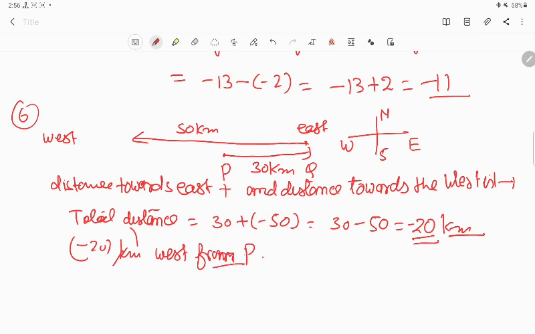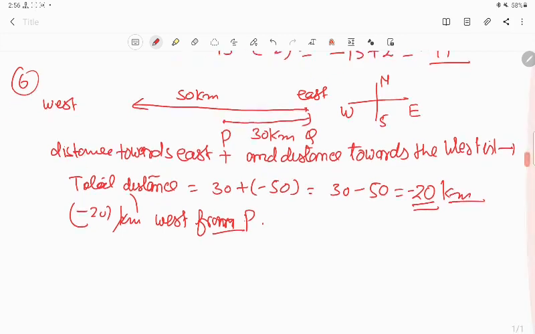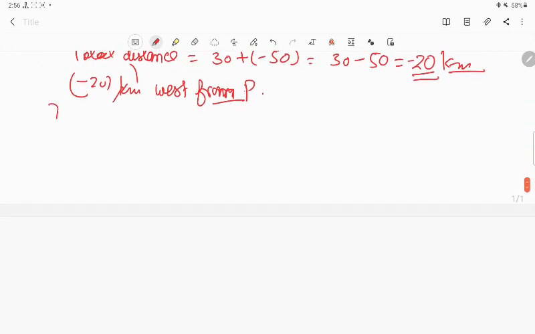Now, question number 7. A trader had a profit of 27 rupees on Monday, lost 10 rupees on Tuesday, and lost 5 rupees on Wednesday. Find the net profit or loss at the end of 3 days. See, profit is represented by positive and loss by negative.